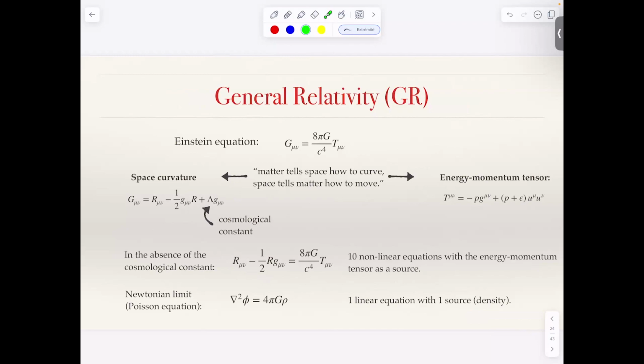I heard that there are a lot of works which want to get improvements or modifications of general relativity.